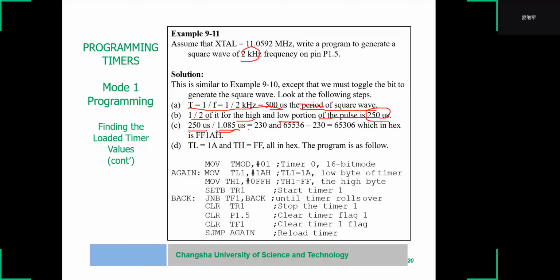So the maximum value, subtract this count number, we get the loaded value. Then convert the loaded value to hex. Here is TH and TL.